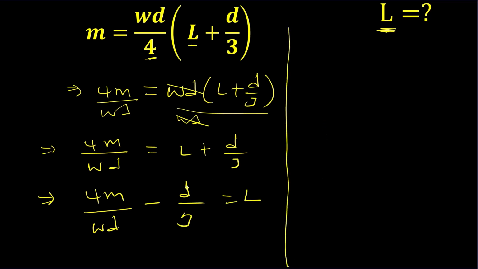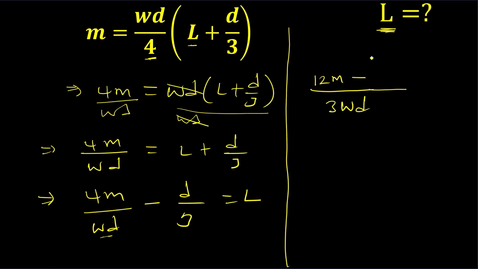Alright, so let's look at the left hand side. We can find the LCM. So the LCM will be 3WD. So 3 times 4m will be 12m. So we have minus, so 3 into this, we take 3, so we have WD.